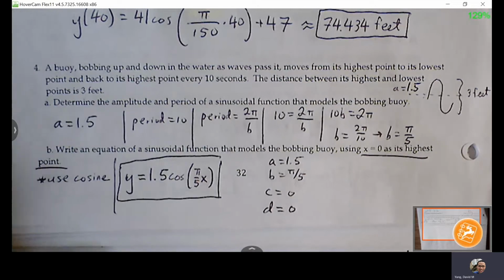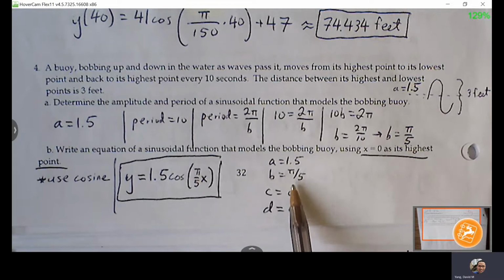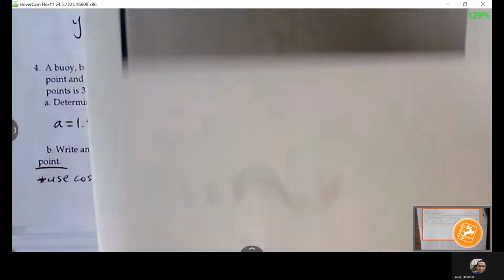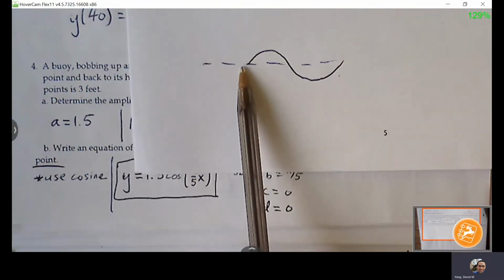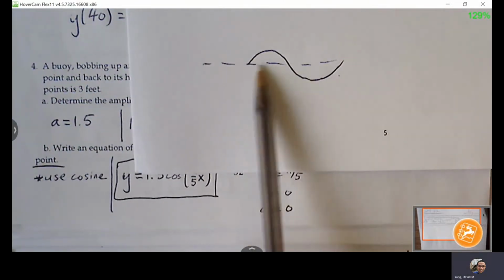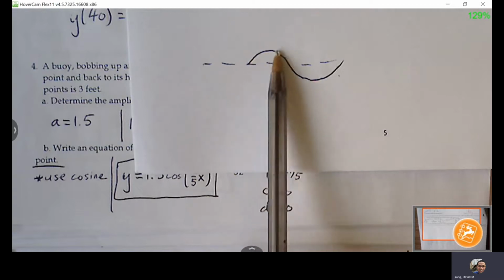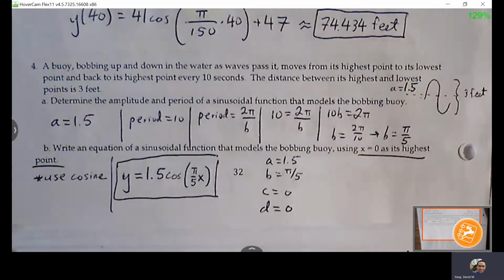So the a value is 1.5, b is pi over 5, no phase shift, and our d value is 0. The d value is 0 because we're starting when the water is still, and then it's going to rise and fall above and below the water line.